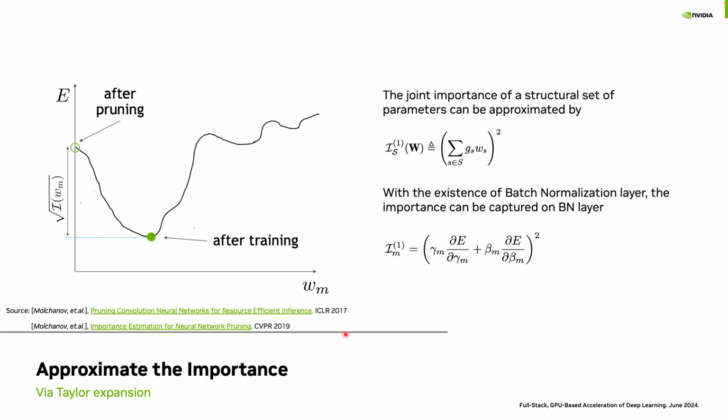So we can simply measure the importance of a channel to be a joint importance from the parameters, basically just taking the sum of the importance of all the parameters, as a square, or as a 2 norm, or the absolute value. And if there is a batch normalization layer, then we can directly calculate the importance based on the batch norm weights and bias.